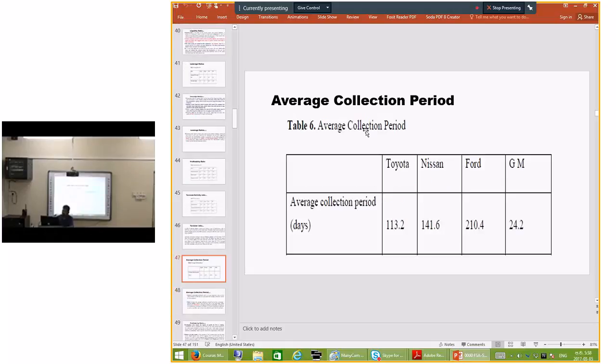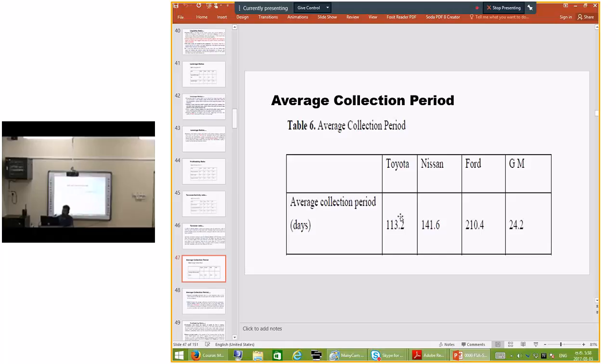Then average collection period, number of days very high in Toyota. Then this may affect liquidity also, no? Then 131 days. Then Nissan 141, here 130, 141, 210, right? Average collection period. Then here General Motors is good, 24, right?